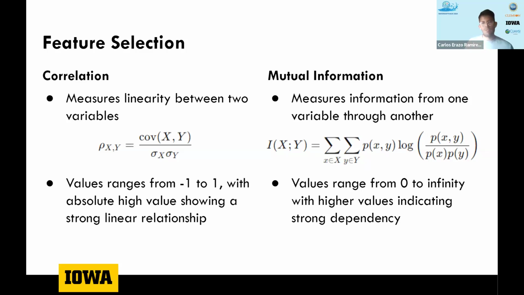Mutual information is measuring information from one variable through another. You apply this statistical approach, which is just probabilities: the probability that something is happening when something else is also happening, or, given an event, whether the summation of these probabilities is higher or not.